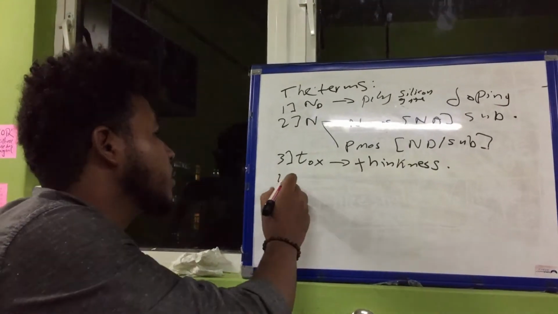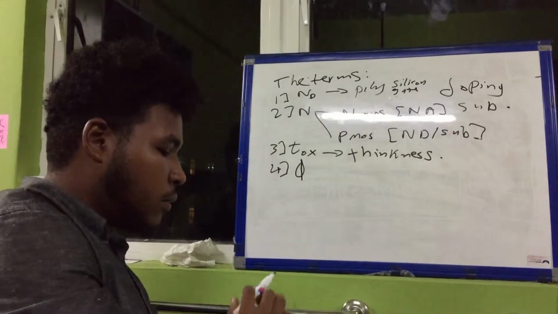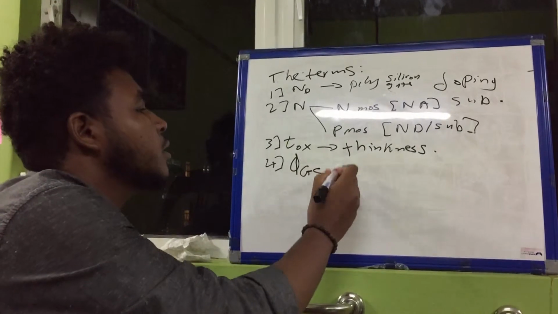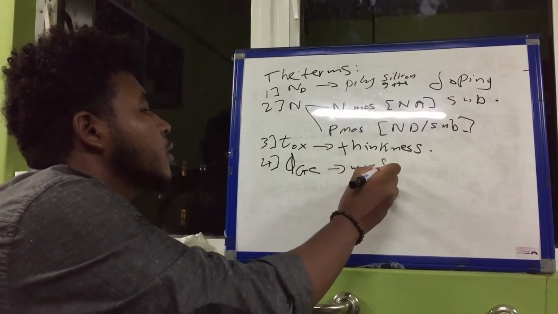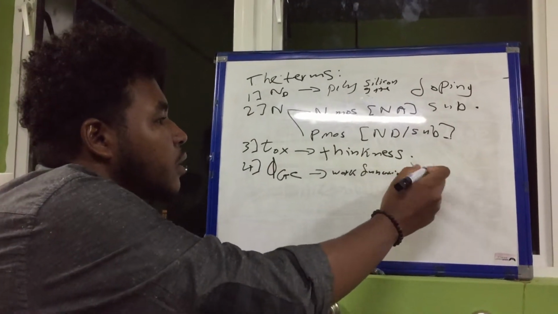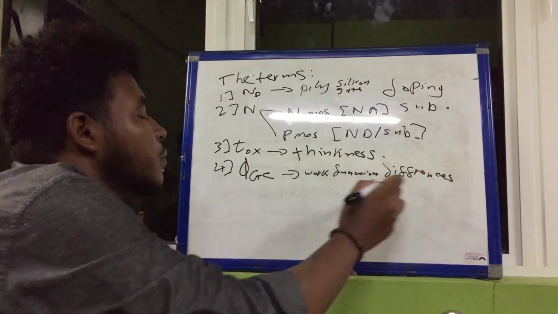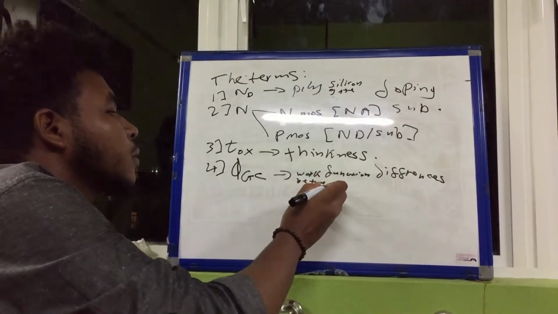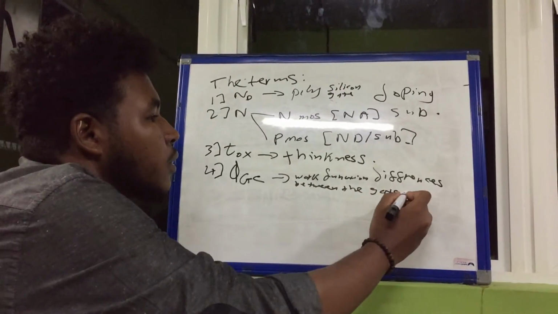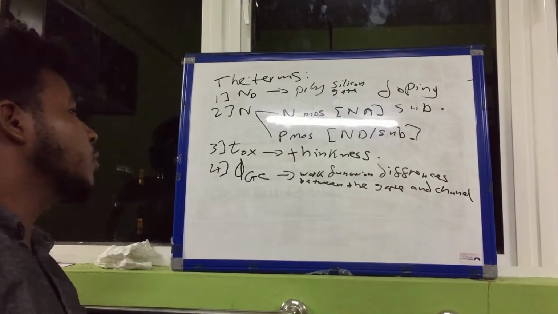Now number 4 is work function, the work function difference between the gate and channel. Okay, this is for number 4.